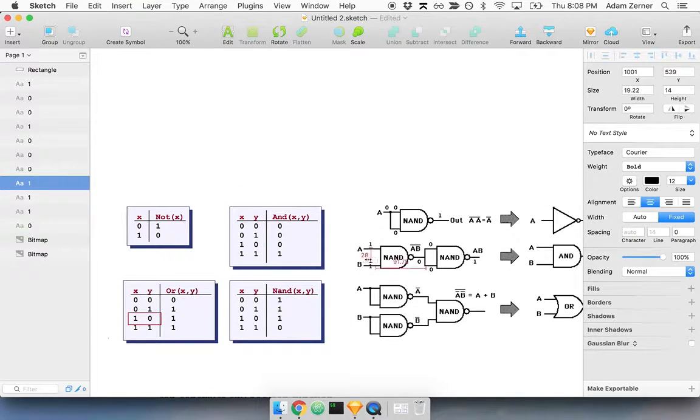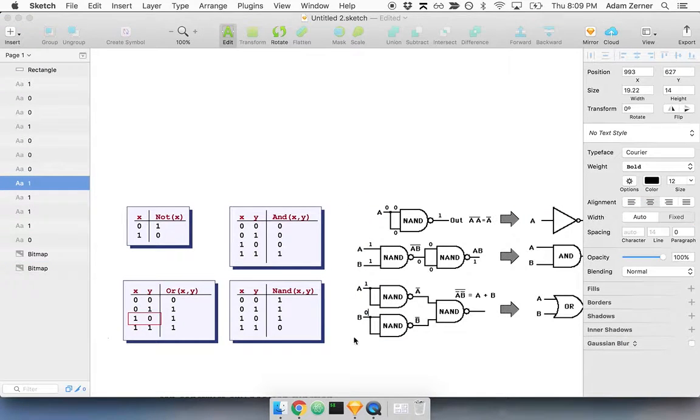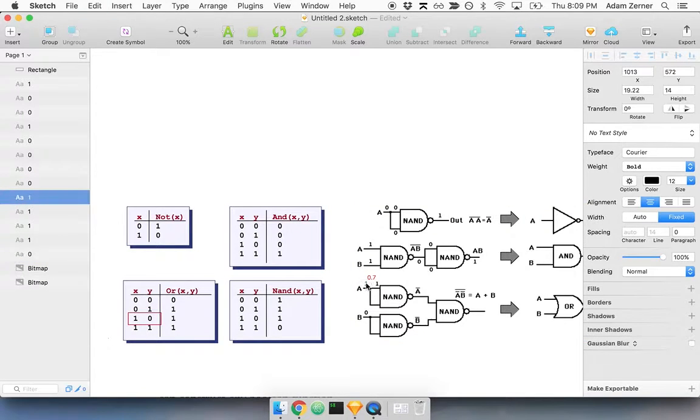So A is going to have a 1 and B a 0. A is 1, B is 0. Because there's electricity flowing through here, there's going to be electricity here and here. And because there's none here, we're going to have 0 here and here.